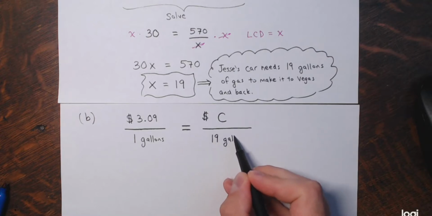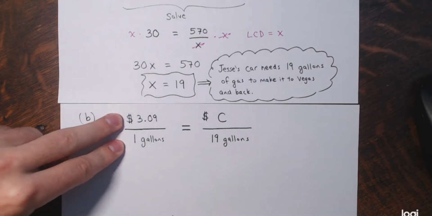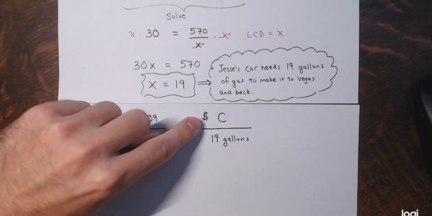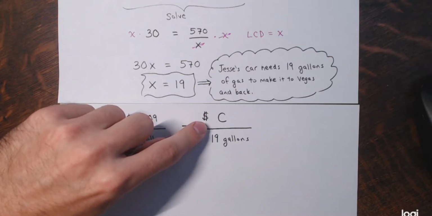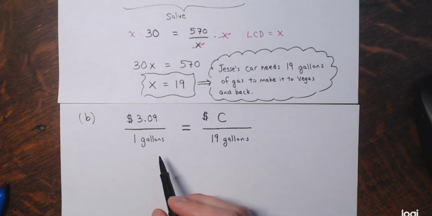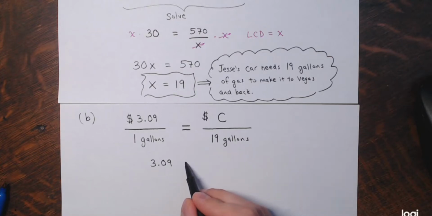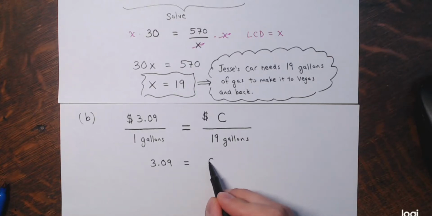So I'm setting up another proportion over here. Costs $3.09 per gallon, and then we're spending how much money? I don't know, for the 19 gallons. And we're solving this proportion. I got 3.09 over 1, but no need to write over 1, equals C over 19.